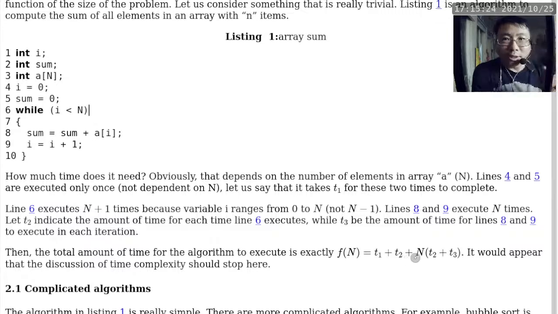Lines 8 and 9 execute exactly n times, but line 6 also executes n times, plus 1 time to exit the loop. So the total amount of time for this algorithm to complete is T1 plus T2 plus n times the sum of T2 and T3.